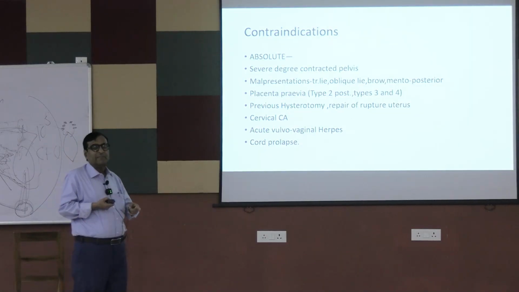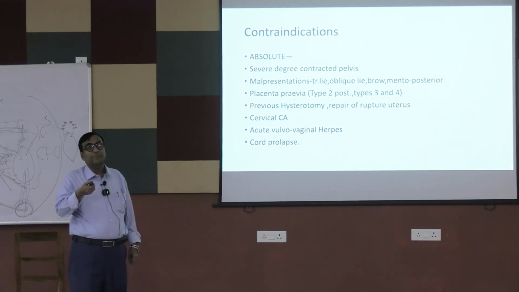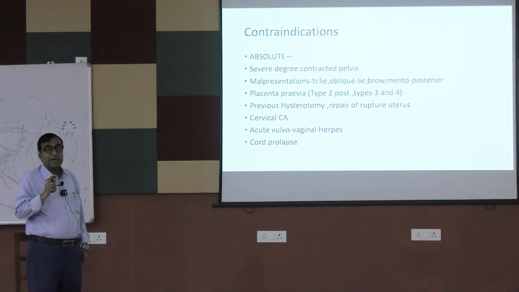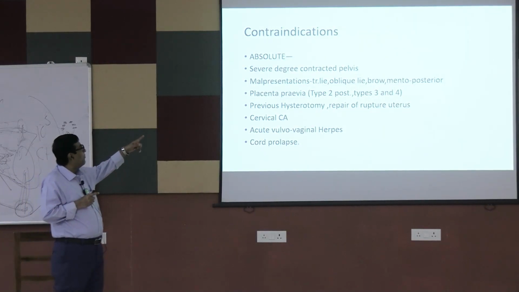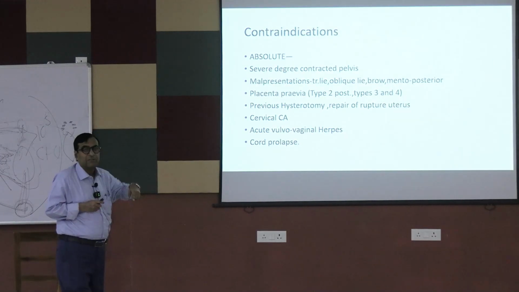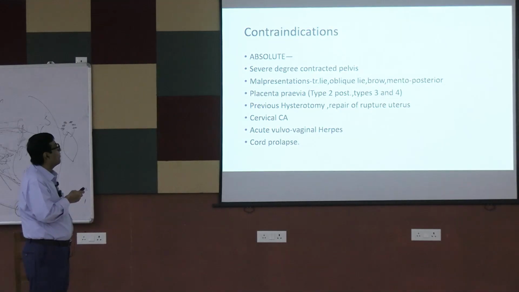But certain malpresentations, as I mentioned earlier, that is face presentation, breech presentation, occipito-posterior presentation, are not contraindicated; they are indicated for induction of labor. But in transverse lie, oblique lie, brow and mento-posterior, induction is contraindicated.